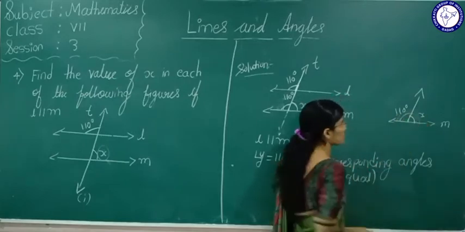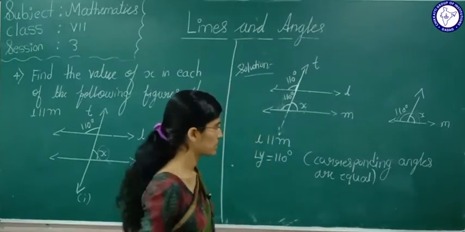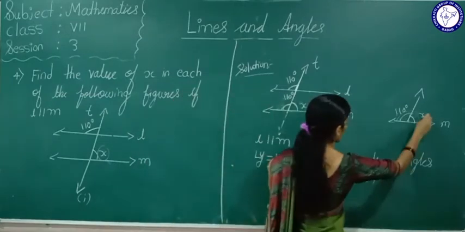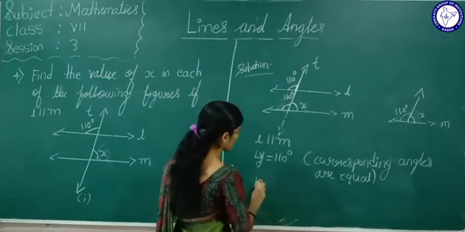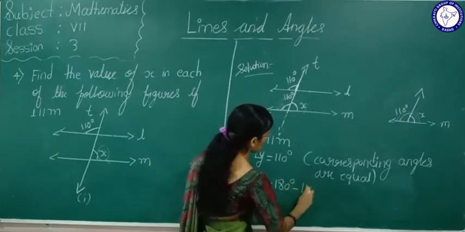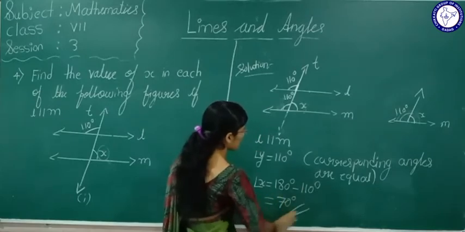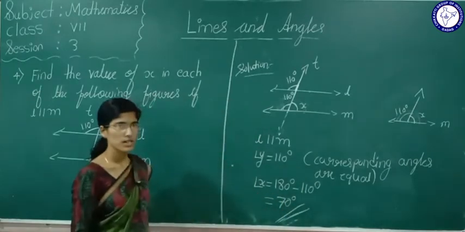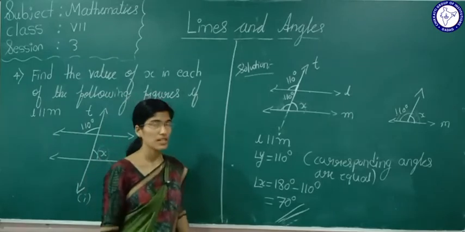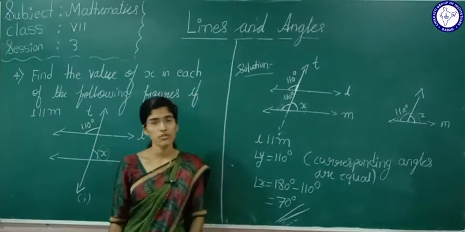If the sum of two adjacent angles is 180 degrees, definitely it's a linear pair. Yes or no? What we can tell about angle x? Angle x is equal to 180 degrees minus 110 degrees. It will be 70 degrees. Is it understood? Because of the linear pair, we found the value of x.